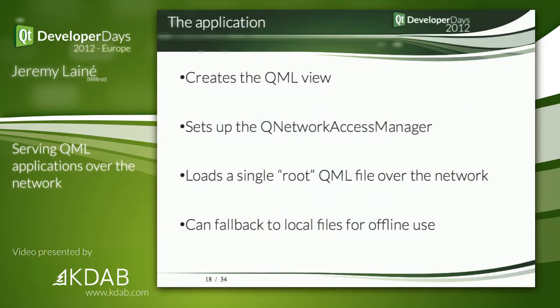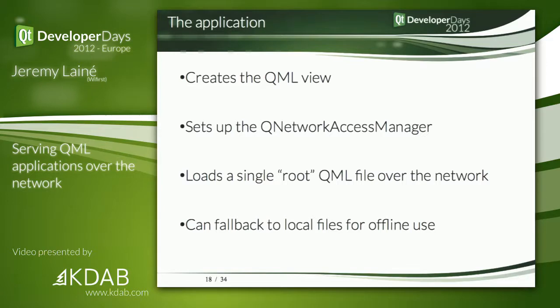What's the function of the C++ application code? It needs to set up a QML view. It also needs to do any initialization on the QNetworkAccessManager, which is going to be used to load your resources. In its simplest form, it's just going to load one root QML file, which was the main.qml I mentioned in the previous slide.